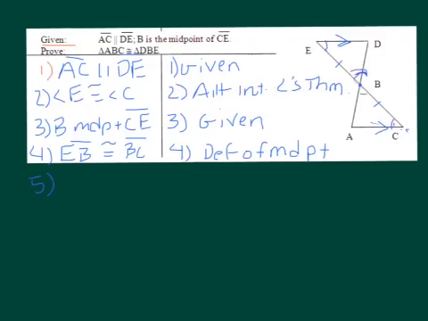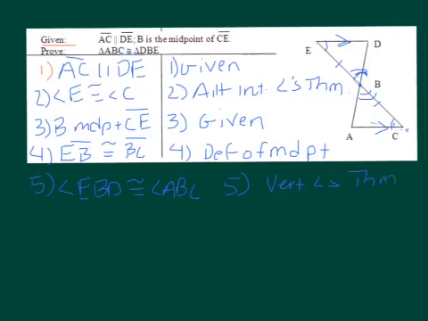And of course, vertical angles are always congruent to each other, so I can say that angle EBD is congruent to angle ABC by the vertical angles theorem.